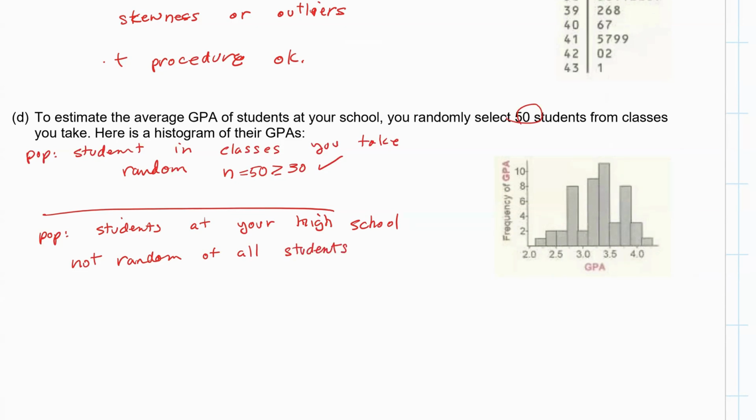So if that was the case, then what you would have is T procedure not appropriate. Okay, so depends on how you define your population. So in this first one, the T procedure is okay. In the second definition, the population, the T procedure is not okay.